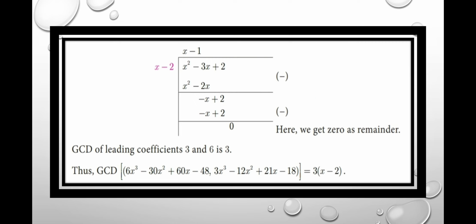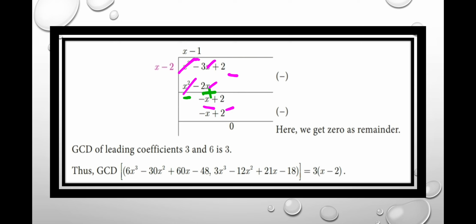Now, subtract this, what do you get? You have to change the sign first, plus into minus, minus into plus. Then simplify this, x square minus x square gets cancelled, minus 3x plus 2x is minus x, and write plus 2 as it is.